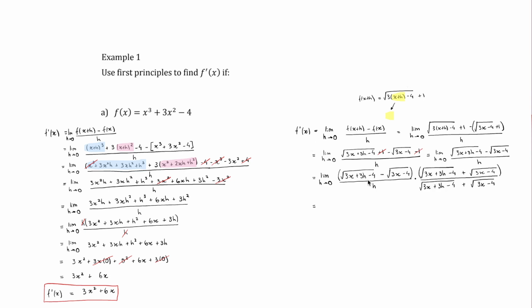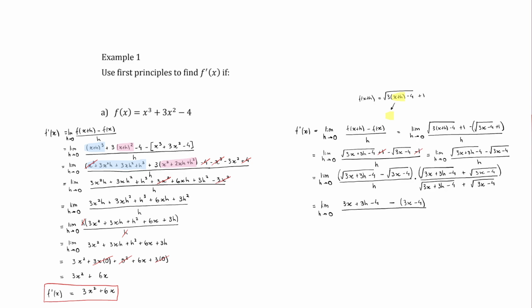So we can just take the square of the first term, which is going to be equal to 3x plus 3h minus 4, and now minus, and we are going to take the square of the second term, which is going to be 3x minus 4. And that is going to be our new numerator.